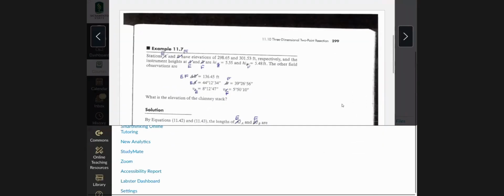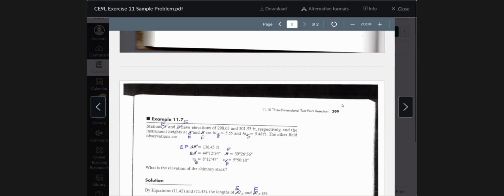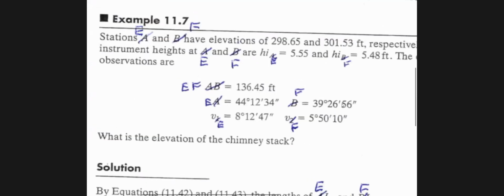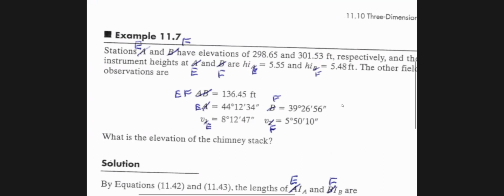Okay, now on the next page is the actual problem with the sample data in the problem. So remember, I've changed here now. I've crossed out A and B and put in E and F. Make sure you do that when you are preparing your assignment.